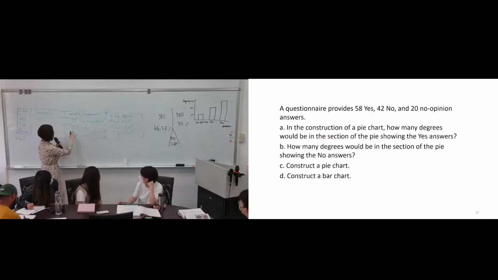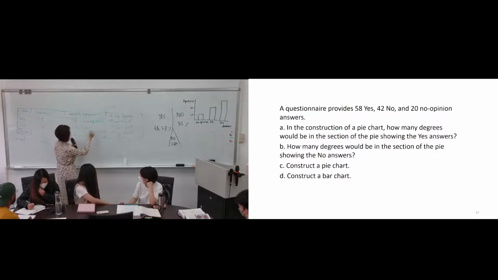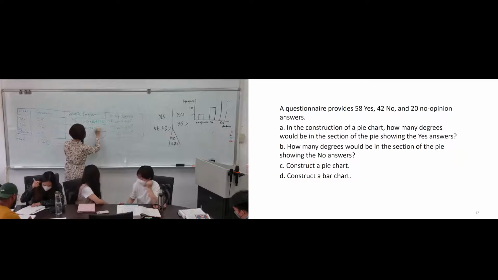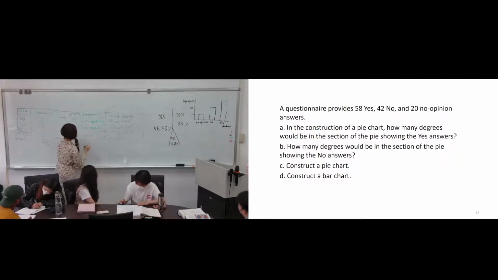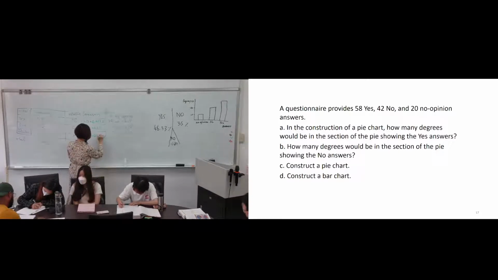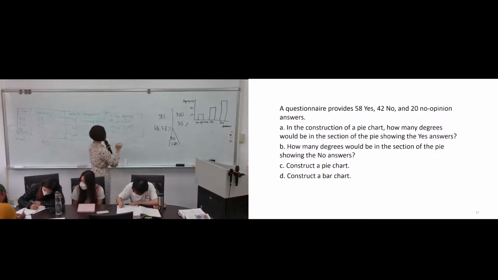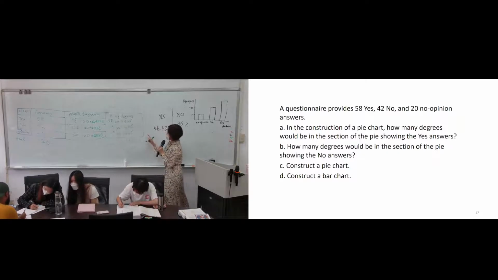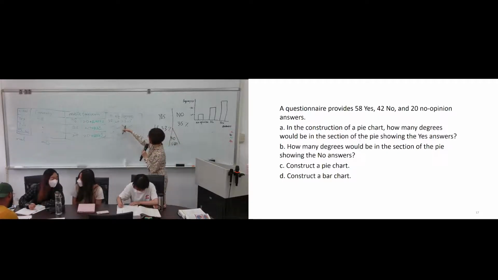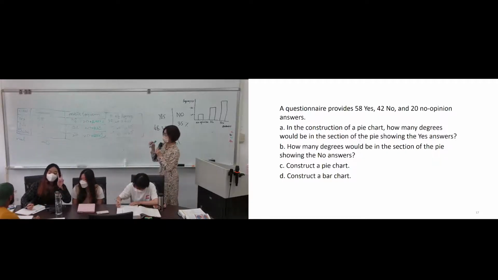Okay, 42 out of 120, that's about 0.35. No opinion, 0.1667. Okay, and then let's multiply each of them by 360 degrees.